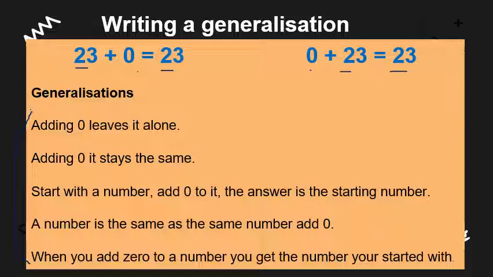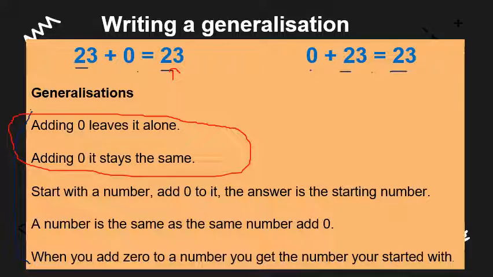So let's look at these first two. Adding 0 leaves it alone. Adding 0, it stays the same. So that makes sense in a conversational sense. Adding 0 to 23 leaves it alone, it still stays 23. And adding 0, it stays the same. Again, it's very conversational.